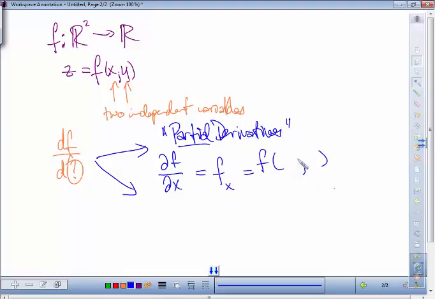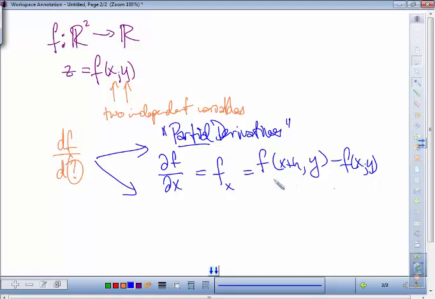I have to make room for two slots here, right? And what we're going to do is assume that y is fixed. So we're going to assume that y is not going to change, and x is the one you're taking the derivative with respect to. So we'll do that x plus h business that we did in the past. And so we're saying we're going to take the derivative with respect to x, but we're going to hold y constant.